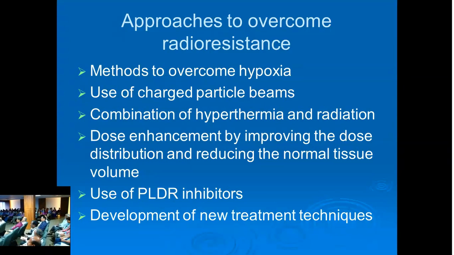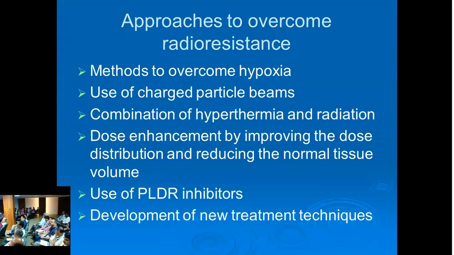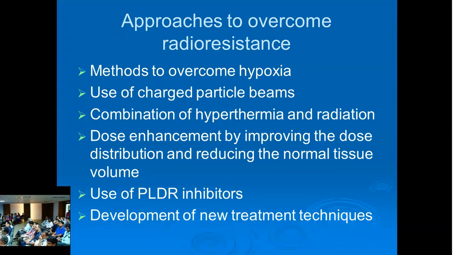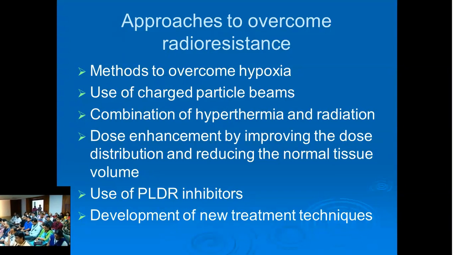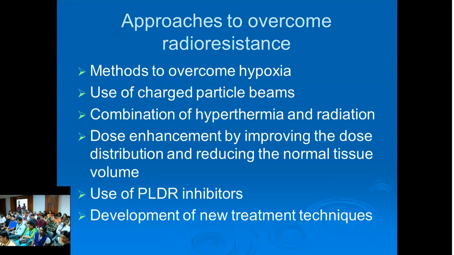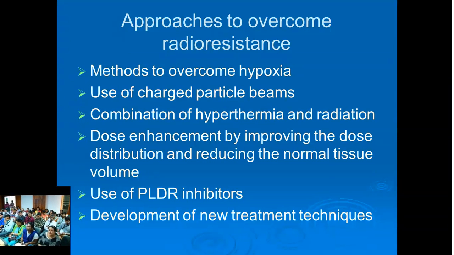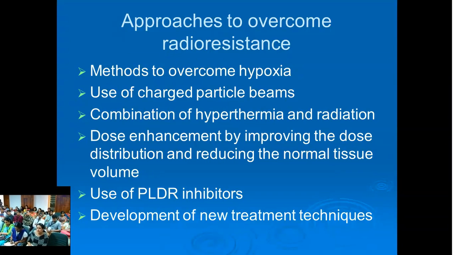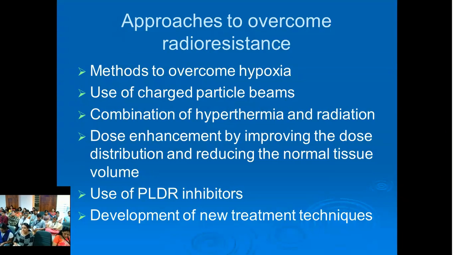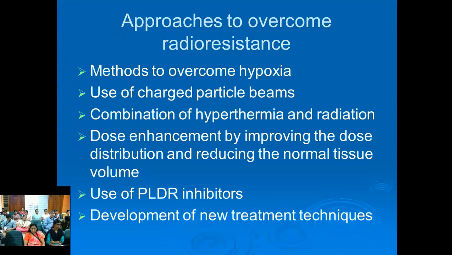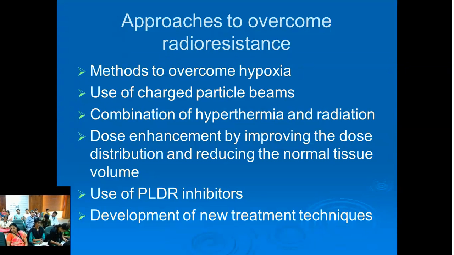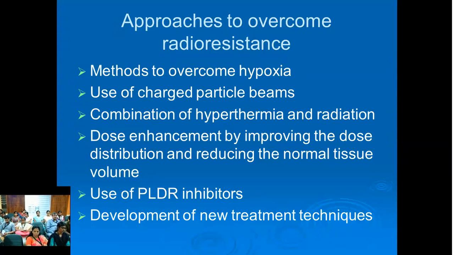And use of high energy beams like proton beam and particle beams, etc., in order to improve the localization, to get a very good geometric advantage, that is to minimize the normal tissue exposure and give high dose to the tumor itself.